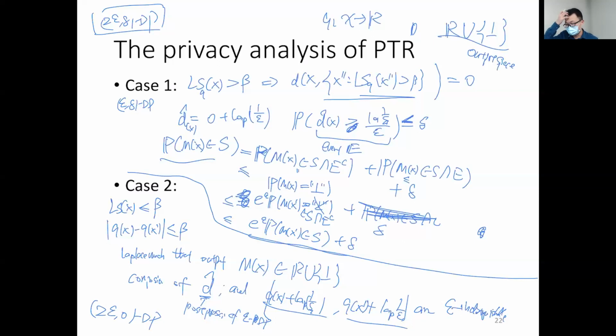On the other hand, in the proposed test release, the final output could be slightly different, and that contributes another factor of epsilon in the 2 epsilon DP analysis in the second case.